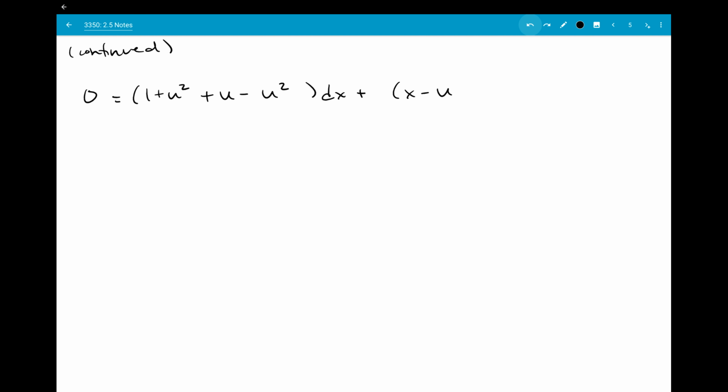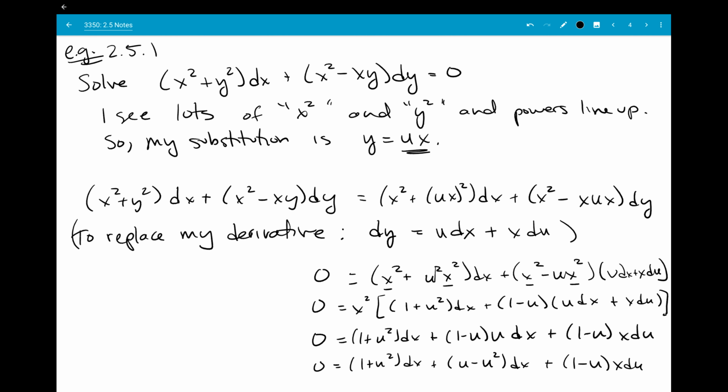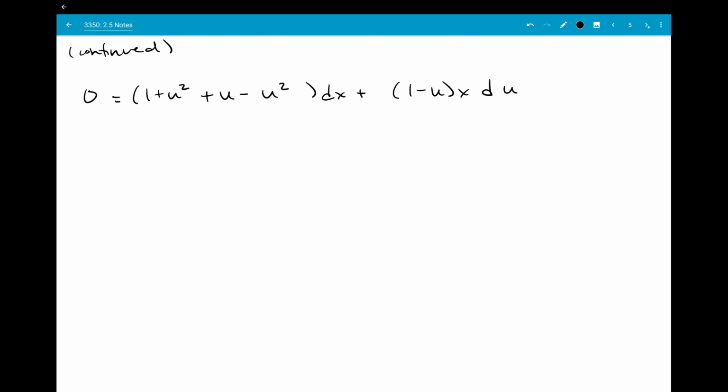Actually, I'm going to keep that separate. The reason I'm keeping it separate is because factoring can sometimes make it easier when you get to the point of solving a differential equation. So those u squared terms go away, and I've got (1 plus u) dx plus (1 minus u) x du equal to 0.